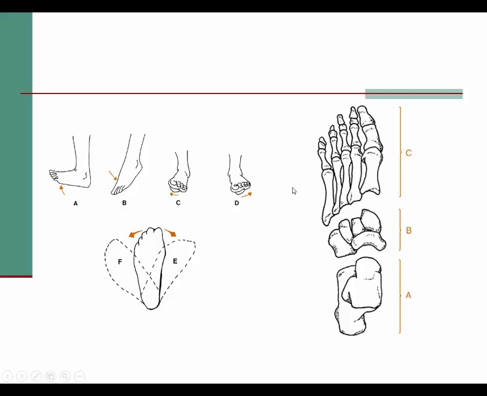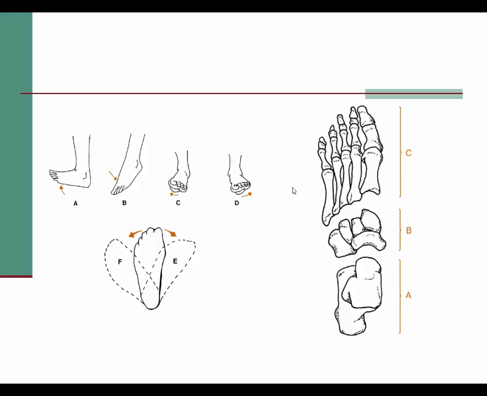Okay, so A, B, C, and D here, on the left upper part, you've got the motions that the ankle performs. So A is dorsiflexion, B is plantar flexion, C is inversion, and D is eversion.